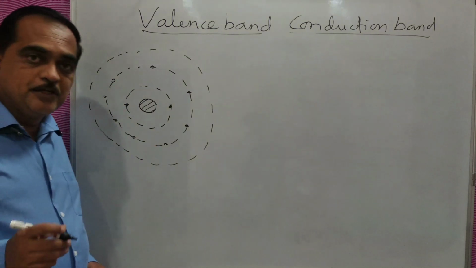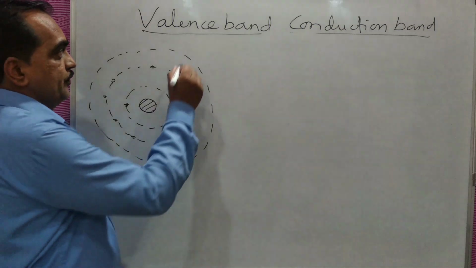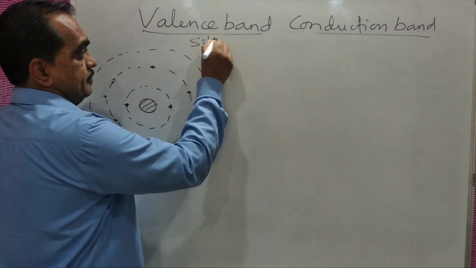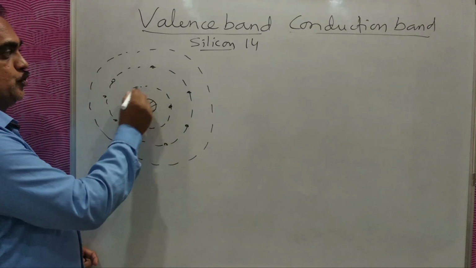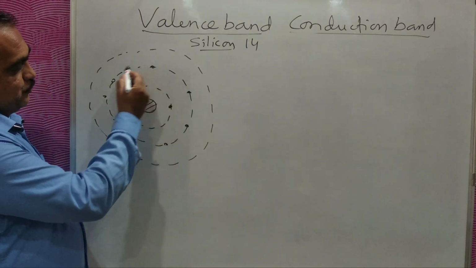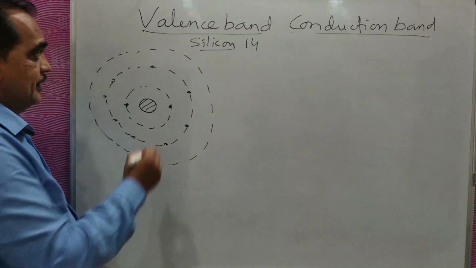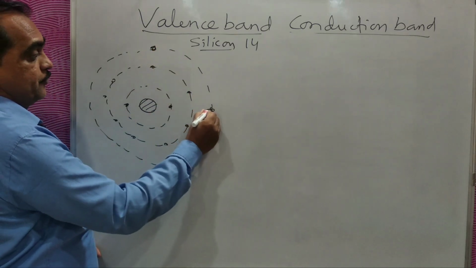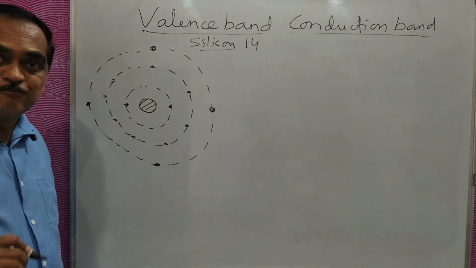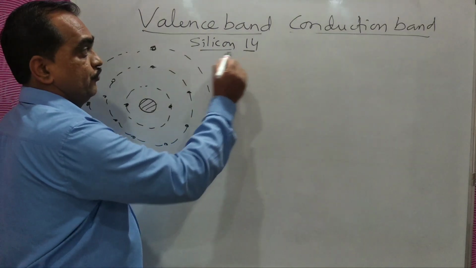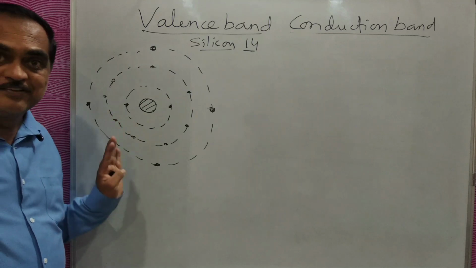Say for example, if you take a silicon atom, which will have 14 electrons, this will be 2 in the first orbit, then 8 electrons in the second orbit, and the third orbit will have 4 electrons. So 8 plus 2 is 10 plus 4 is 14. So 14 electrons of silicon are represented like this.